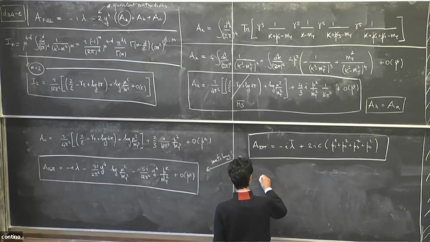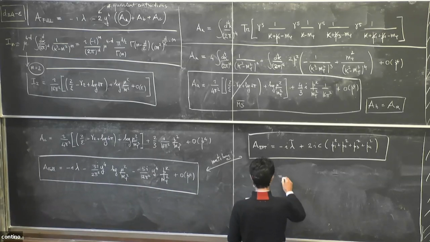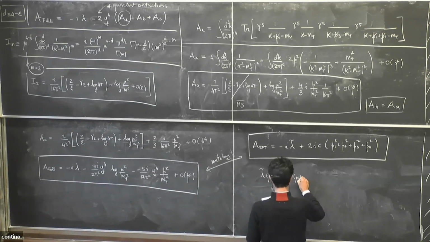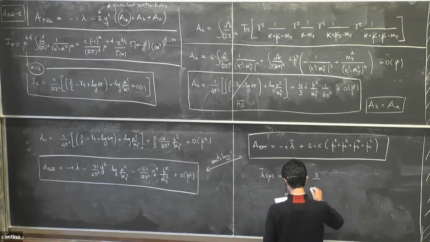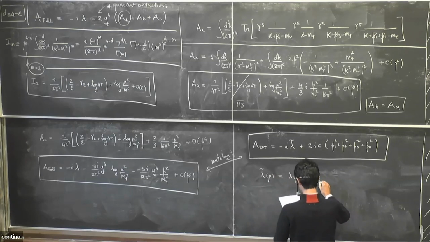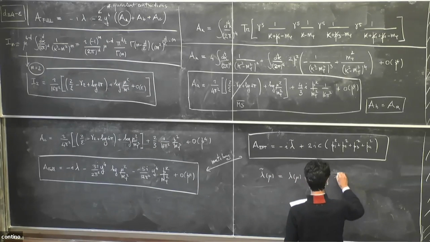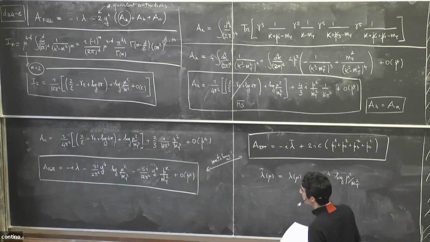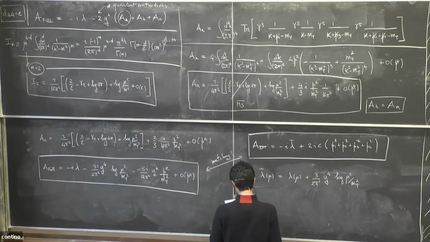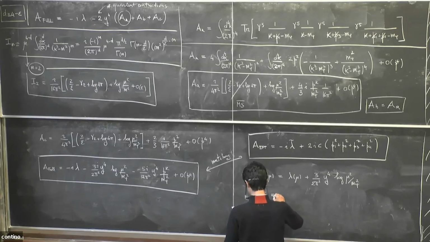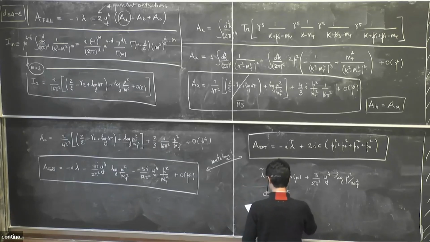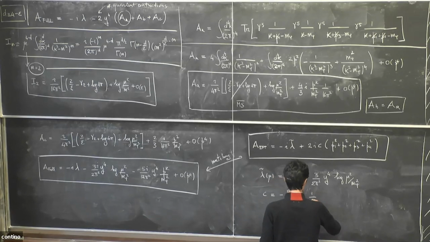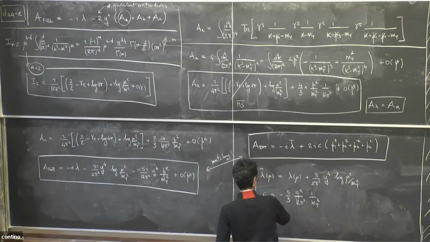And if you do this, then you get that lambda tilde is equal to lambda plus 3 divided by 2 pi squared y to the fourth log of mu squared over m psi squared. And then C is equal to minus 5/3 y to the fourth divided by 16 pi squared, 1 over m psi squared. Okay, so this is the result of matching.